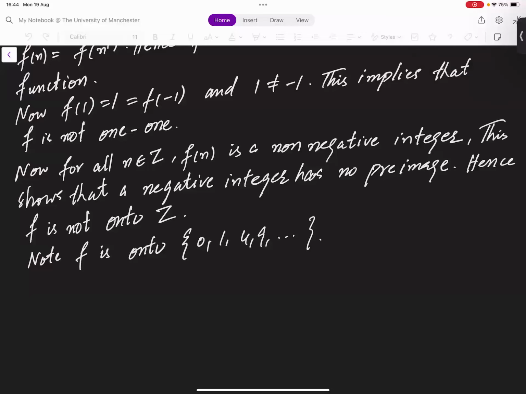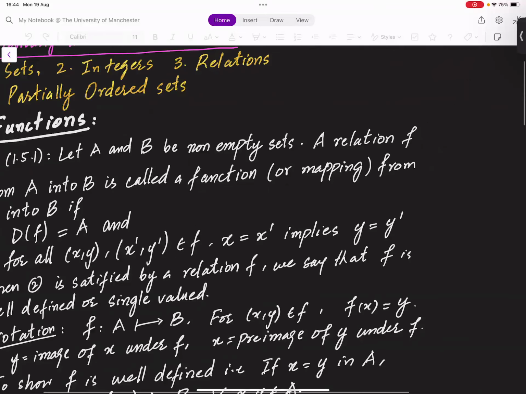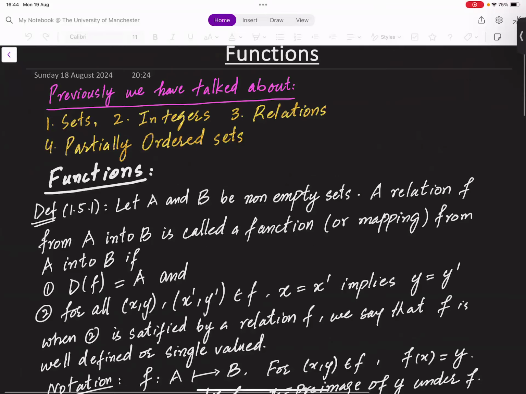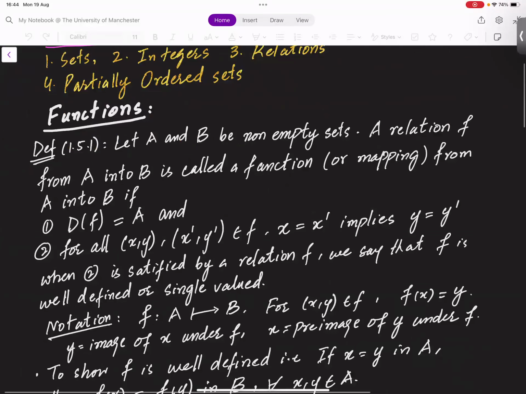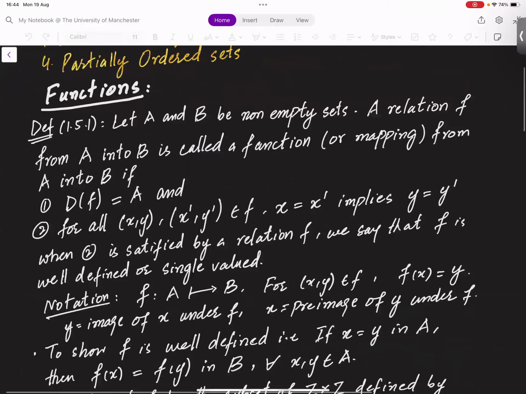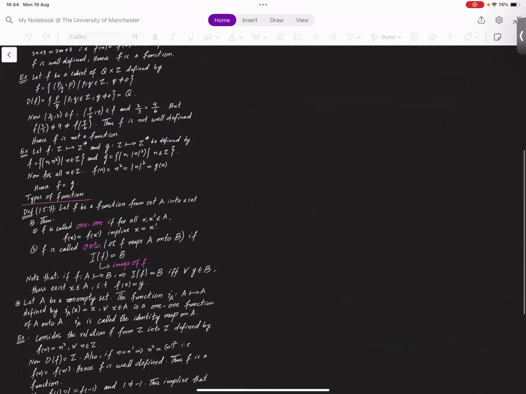In the last lecture, lecture 5 on functions, we talked about what functions are and their types, and discussed some examples. I will again start with an example today.